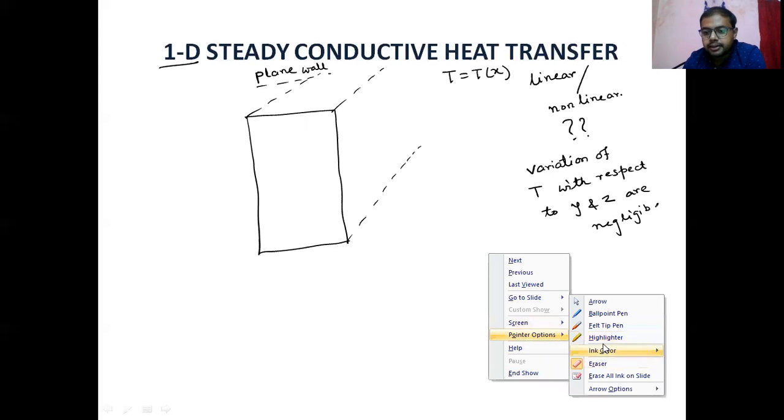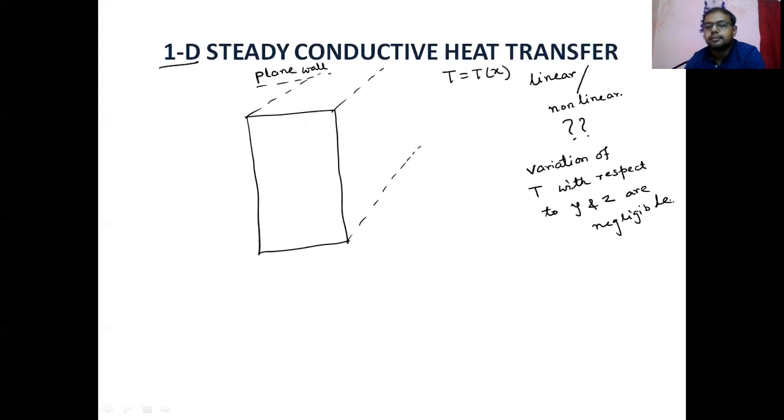So for this one-dimensional problem, how to attack it? You take the X direction on this side. The Y direction we are not taking, we plot only temperature.